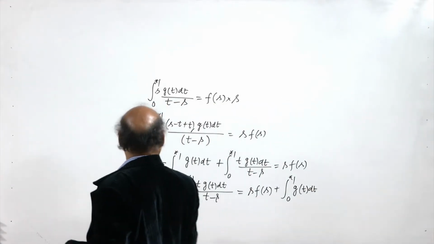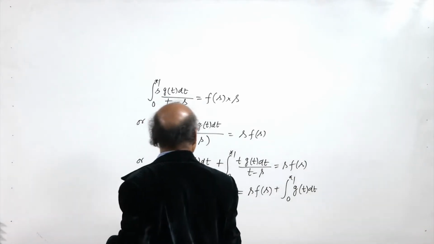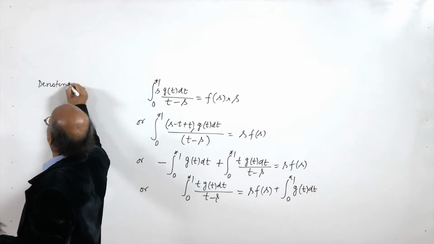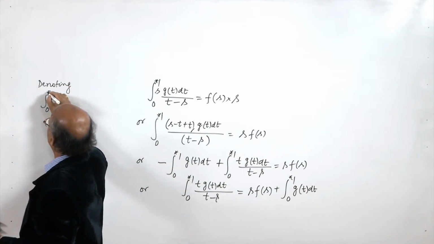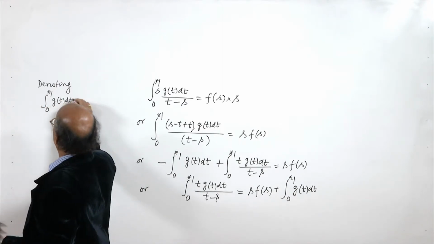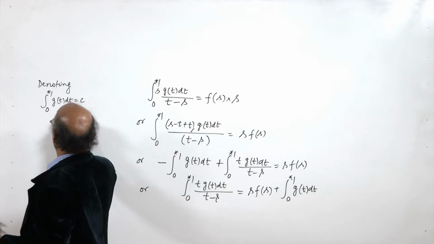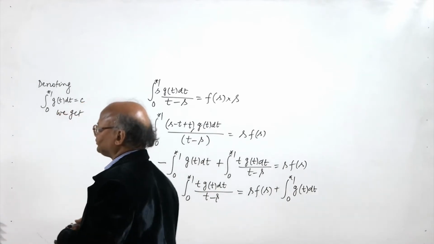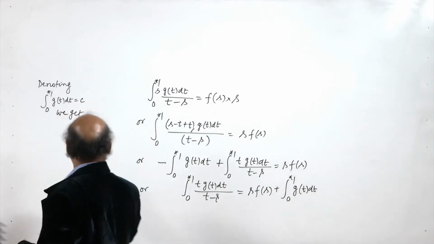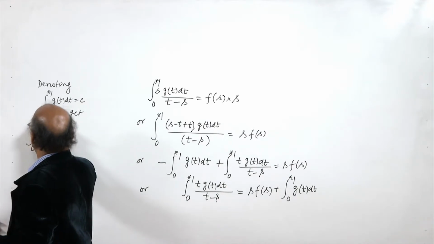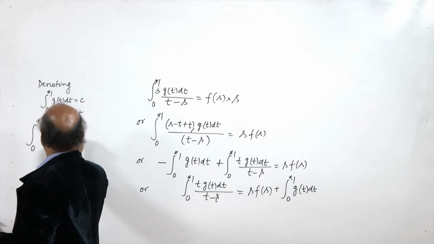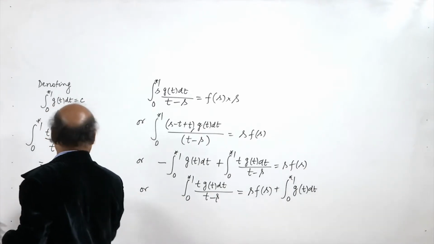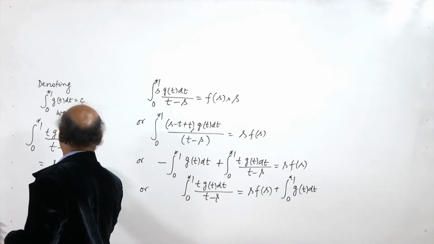Because integral 0 to 1 g(t) dt will be a constant, let us denote it by c. Denoting integral 0 to 1 g(t) dt by c, we get integral 0 to 1 t g(t) dt upon t minus s equal to s f(s) plus c.